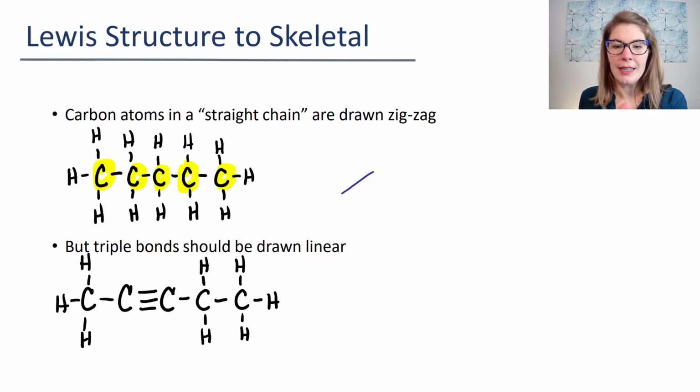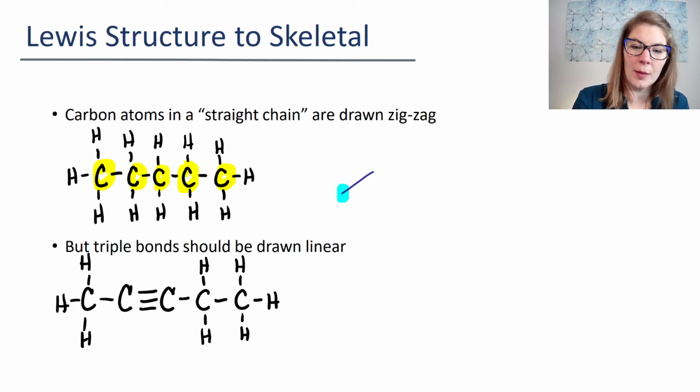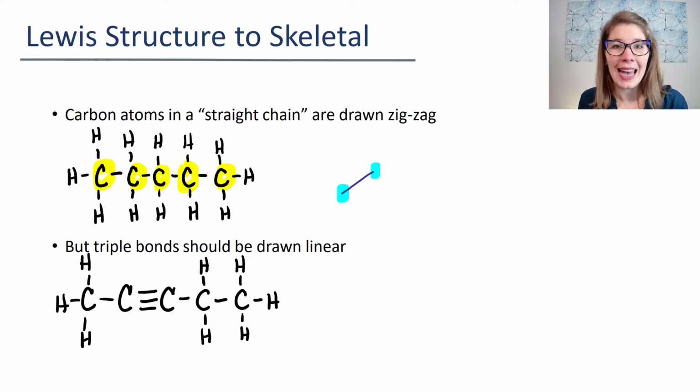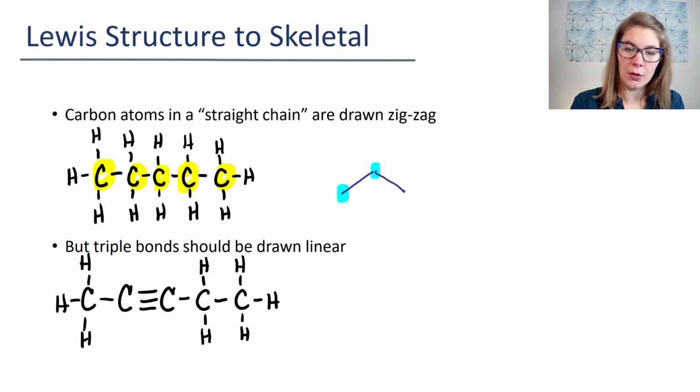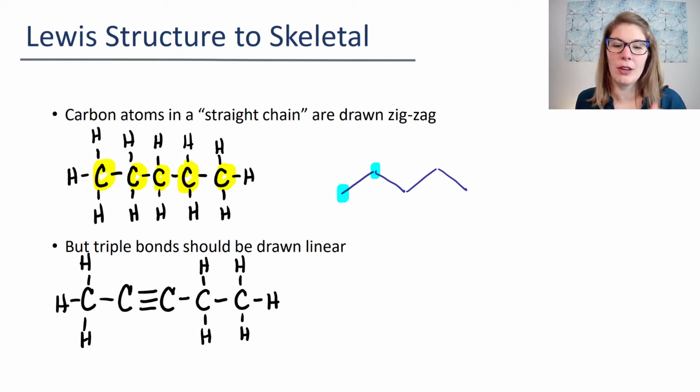When I start with my zigzag, that first line that I draw is 2 carbons because I have 1 carbon here and 1 carbon here. When I'm counting in my head, I draw that line, and in my head I say 2, 3, 4, 5, and I have 5 carbons, just like the Lewis structure on the left. And it took a lot less time to draw.